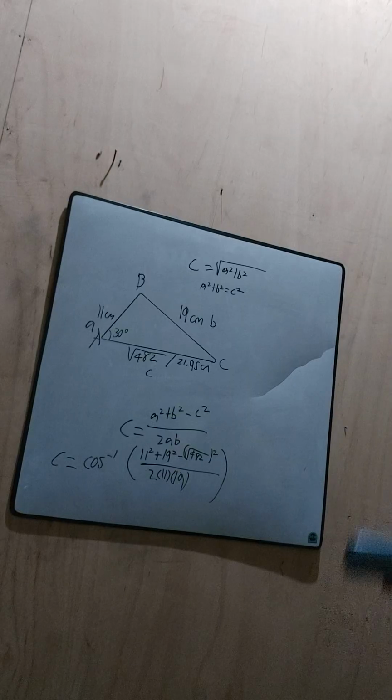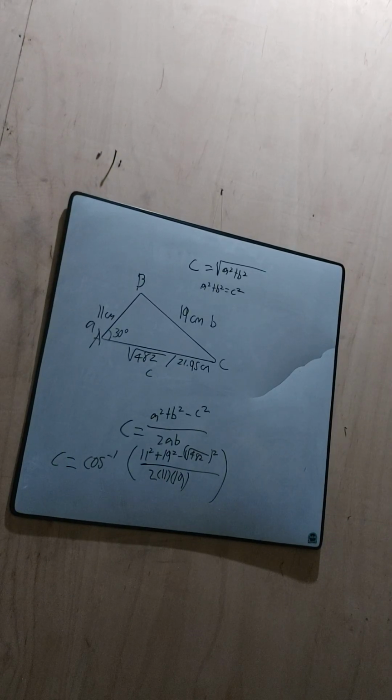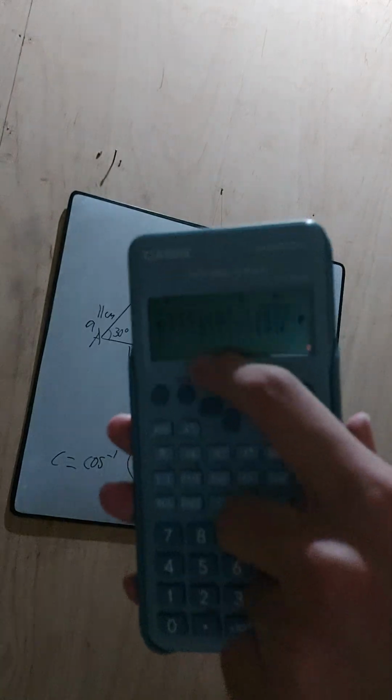So inverse cosine of 11 squared plus 19 squared minus square root of 482 squared, over 2 times 11 times 19. By the way, you guys can correct me if I made a mistake. Alright, it's in our calculator.